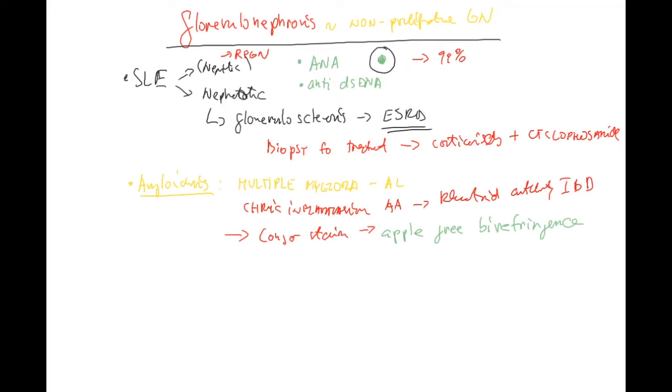Okay, so that's amyloidosis. Another cause, and you know this is the most common cause in the world, is diabetes mellitus plus hypertension. It's because these two go together. So the most common cause of nephrotic syndrome. Although, as I said, to see a diabetic with nephrotic range proteinuria, no chance.